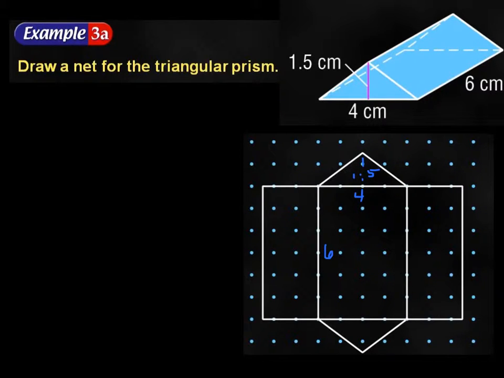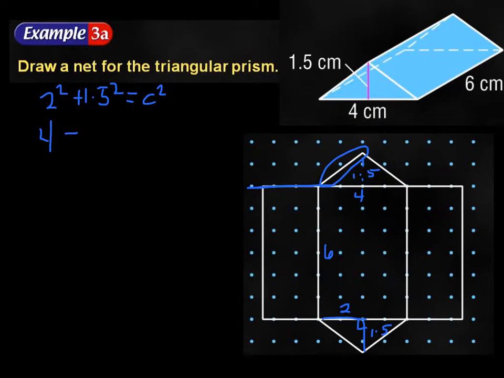Okay, now we're going to have to figure out the hypotenuse of that little right triangle to find out how far these should go, that I already let it be drawn in. So we need to find the hypotenuse of a right triangle. So we're going to do 2 squared plus 1.5 squared equals c squared.